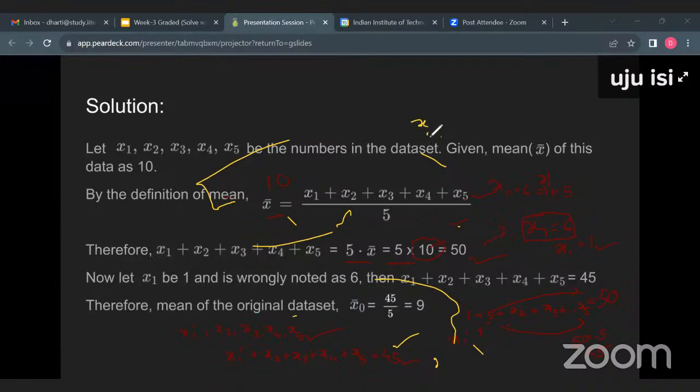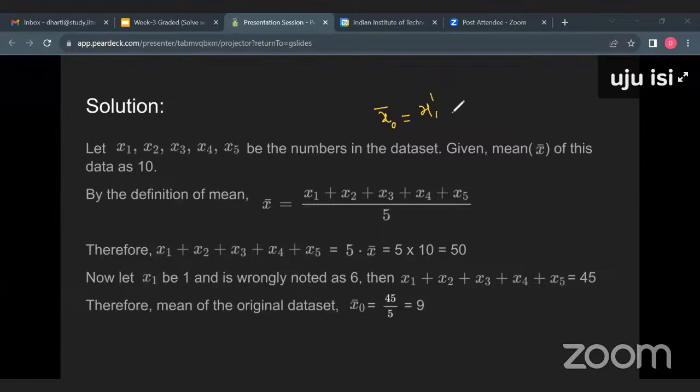So my new x dash bar, I will say. My original data mean, I will say x naught bar, is equal to how much will it be?